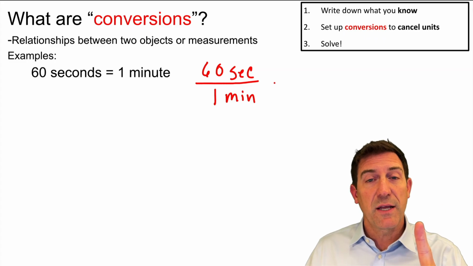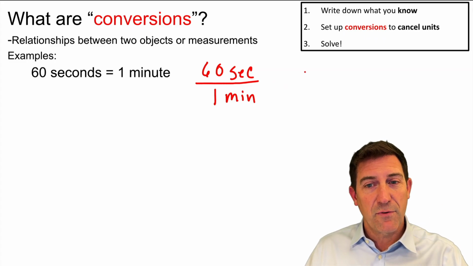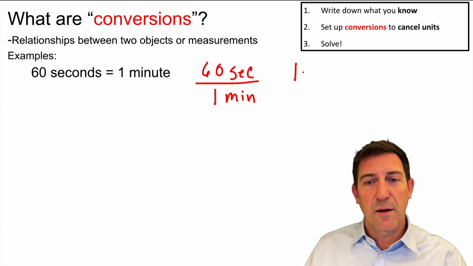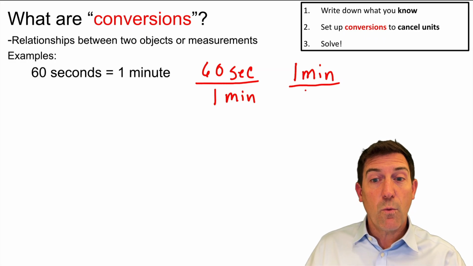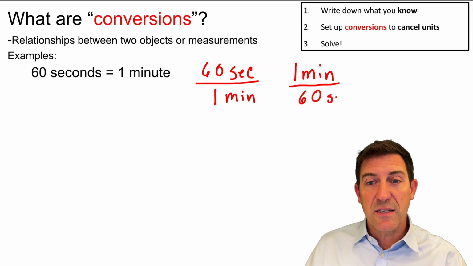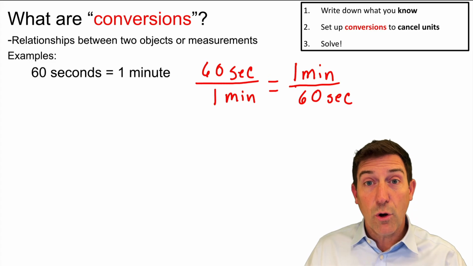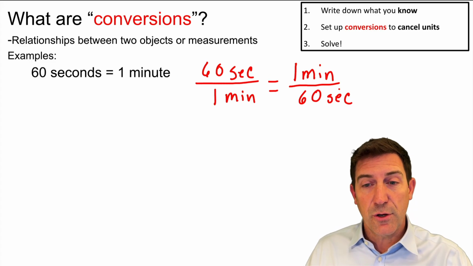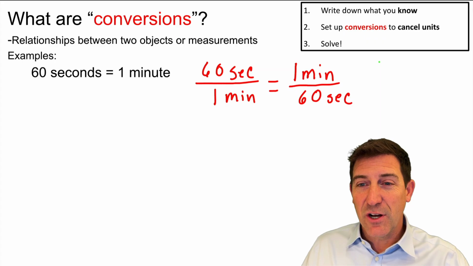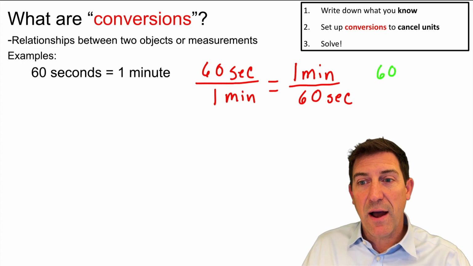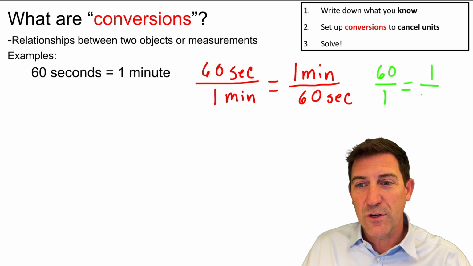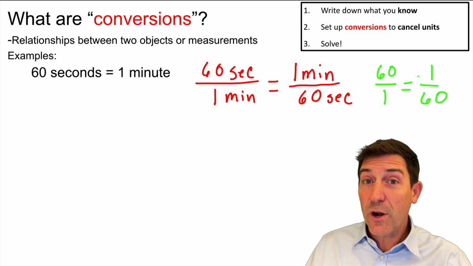Now let me show you something that's also going to be really powerful. Because these aren't just numbers, these are measurements, these are objects, we know that 1 minute is equal to 60 seconds. In fact, these are all equal conversions. Now, let me show you. Any math teacher is going to totally lose their mind if you tell them 60 over 1 is equal to 1 over 60, because those two are not equal.